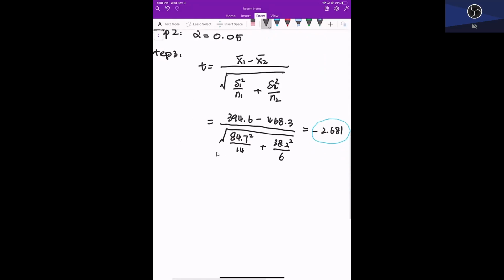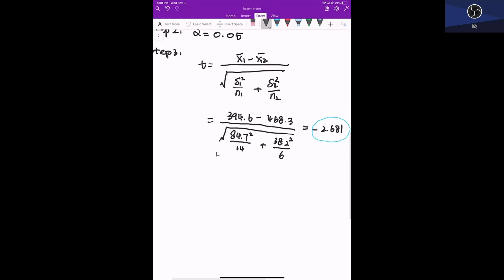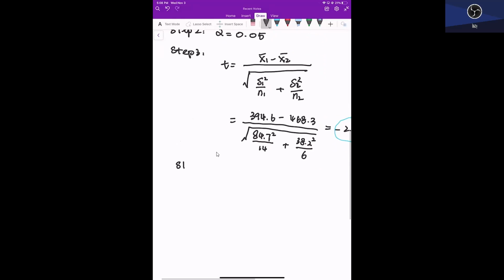And then step 4, you'll have 2 methods, right? Critical value approach.